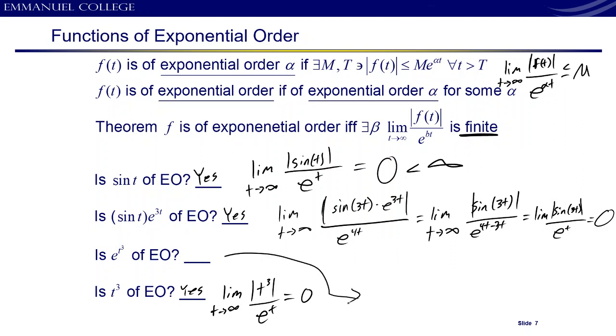This one is where things get tricky. Because what if I try and do e to the t cubed divided by e to the alpha t? Then we run into an issue, kind of like in the same way exponentials typically outrun polynomials.